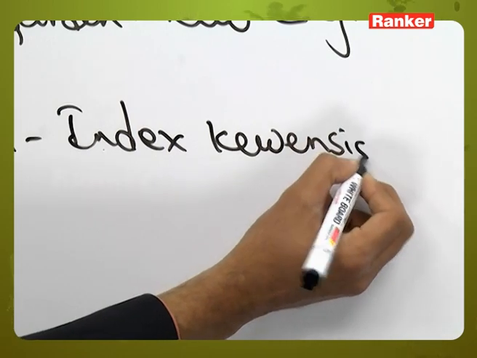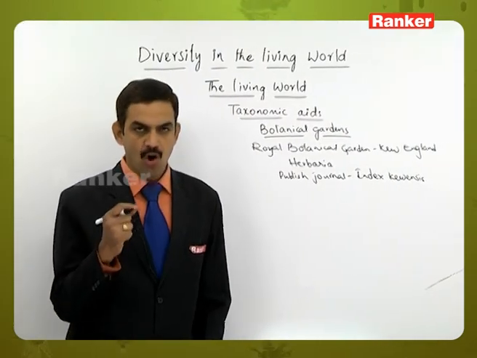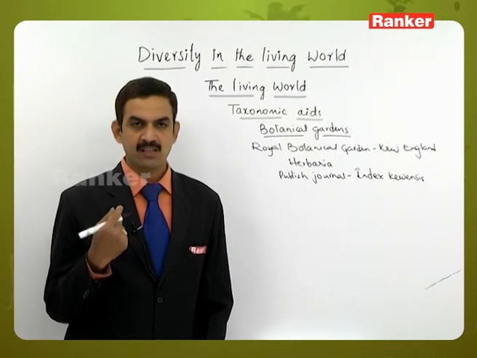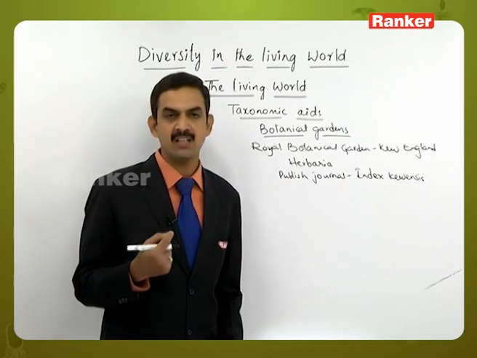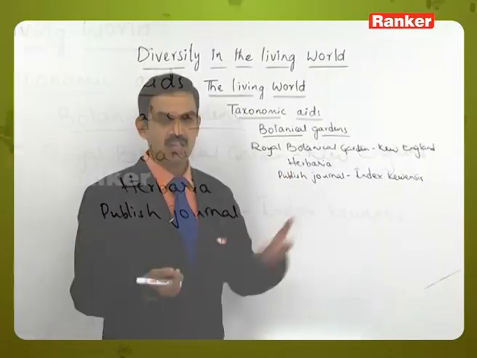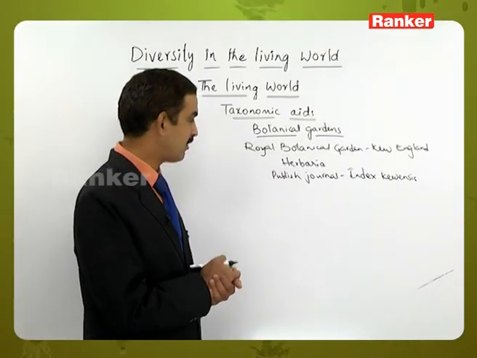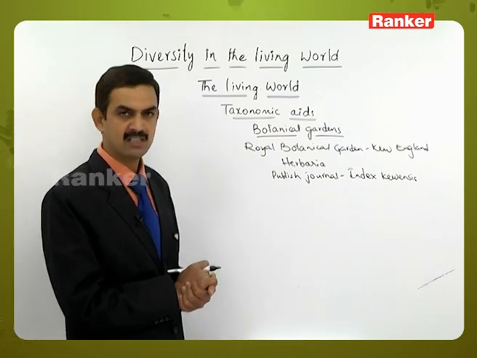This journal publishes all the new aspects and the current research work which is going on in the present days. All the new things which are going to be discovered will be discussed or published in the Index Kewensis. That is the significance of this Royal Botanical Garden.